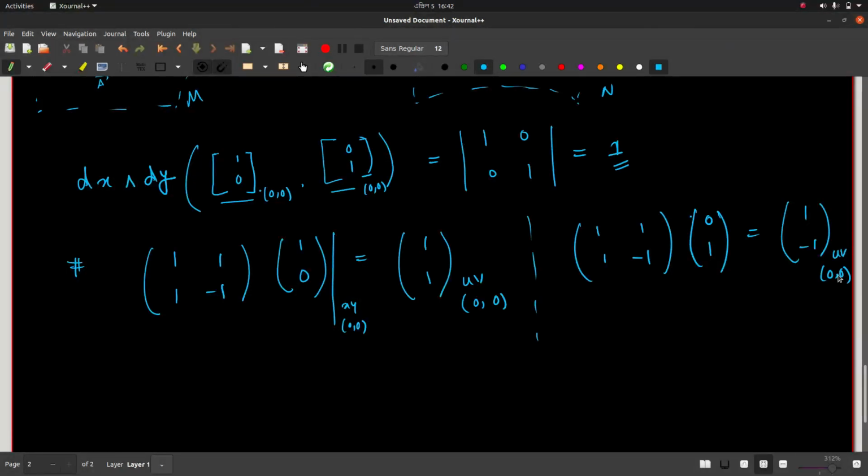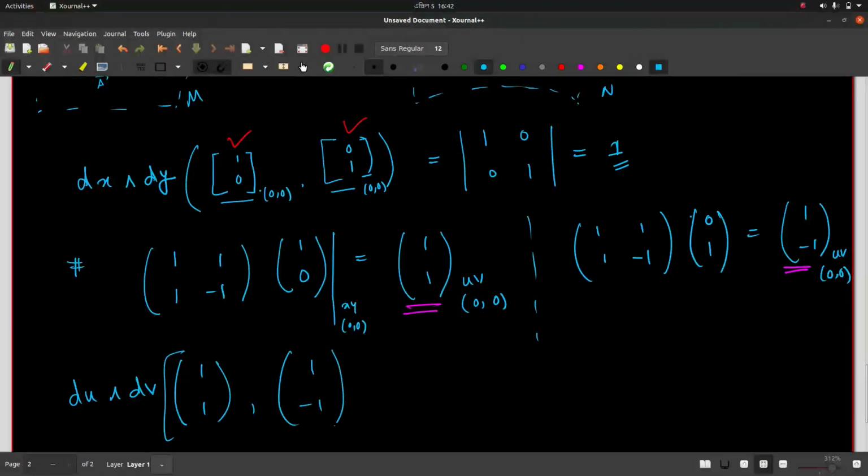Okay, now what do you do? You simply want to find out du wedged with dv, but now these forms will eat the vectors that are the pushed forward versions of these two guys. Okay, that means this one and this one. So this is just (1, 1) with (1, -1).